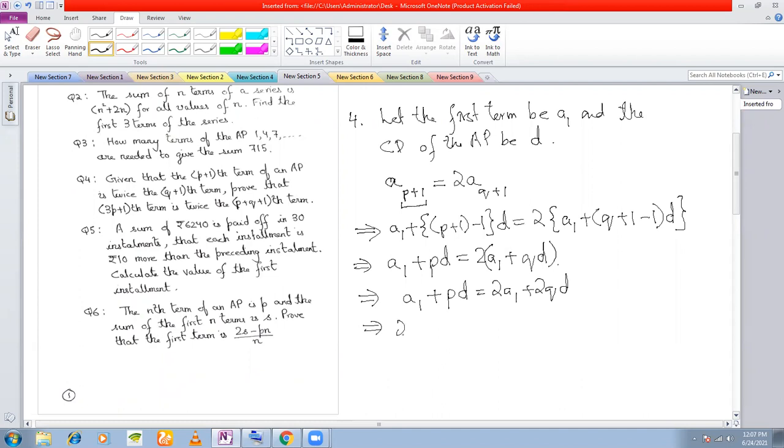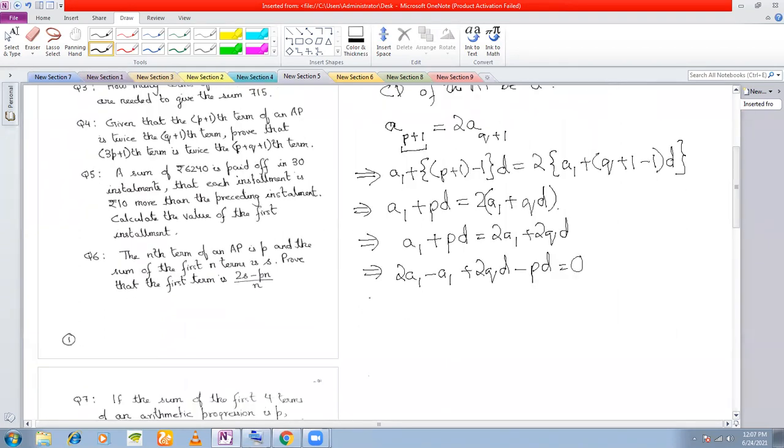That means twice a1 minus a1 plus twice qd minus pd is equal to 0. That means a1 plus, taking d common, (2q minus p) into d is equal to 0. So you get a1 in terms of d as (p minus 2q) into d. You've got the relation between a1 and d.